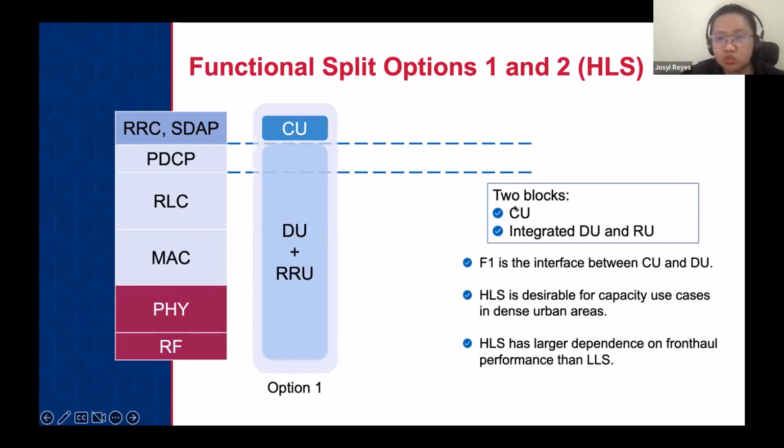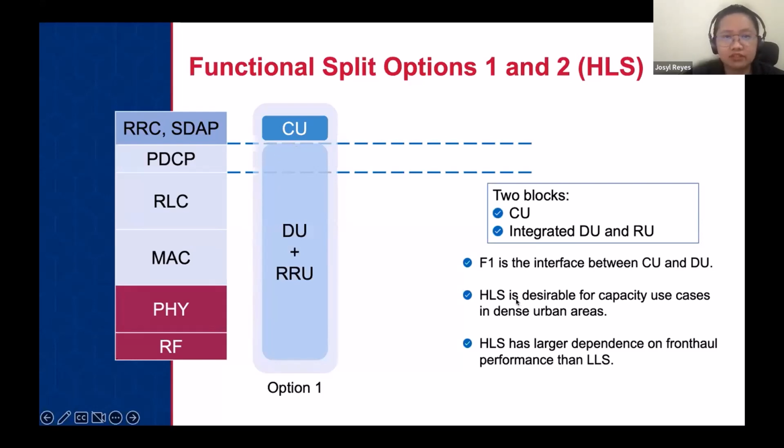Okay, so there are just two main blocks here. We have the CU and the integrated DU and RU. There is, of course, a mid-haul interface, F1. Confusing kasi F, pero not a front haul. It's a mid-haul interface. It connects the CU and the DU.